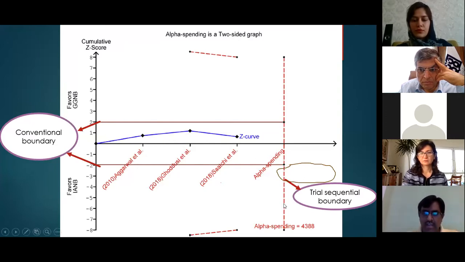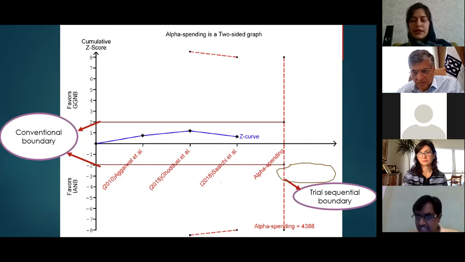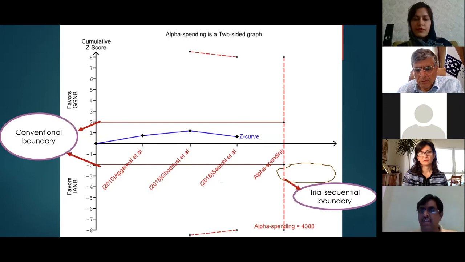It's around 4,000 or something. Yes, 4,388 patients required. Exactly. So totally we have only 53 patients, but to have the confirmation of the results of this meta-analysis, we need 4,388 samples. So that is the result of the trial sequential analysis.